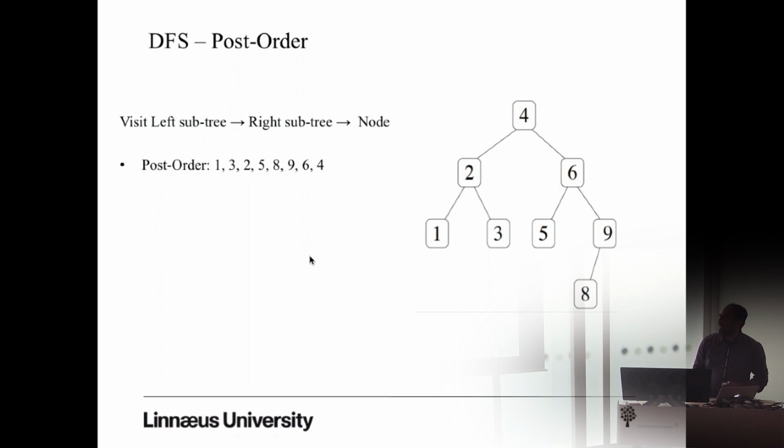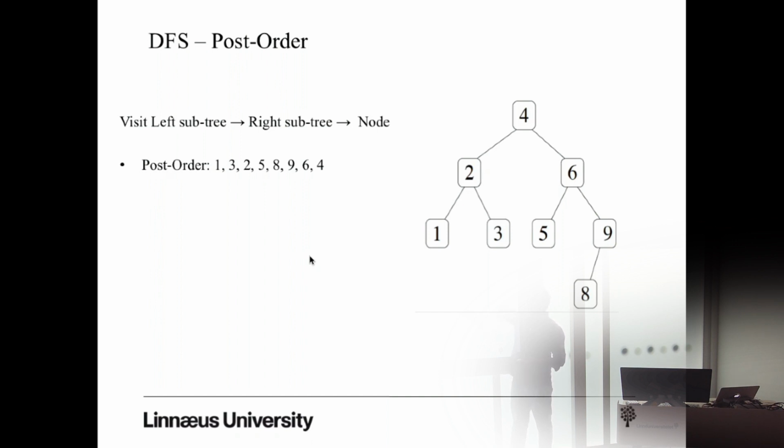And in the post order, as the name suggests, you visit first the left and the right subtrees, both of them, and after that, after the child nodes, you visit the node itself. So in this case, we start from the 4 node itself. We go to the left first, and from here we go to its left first, and then 1, 3, and after we have visited both left and right, then we visit the node.